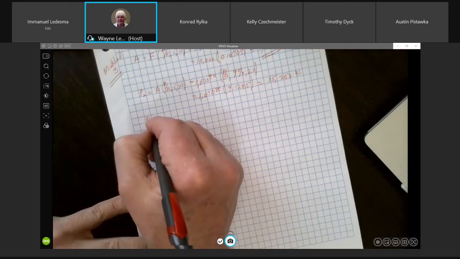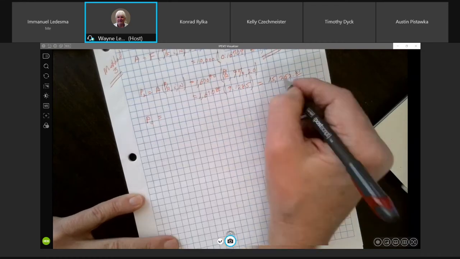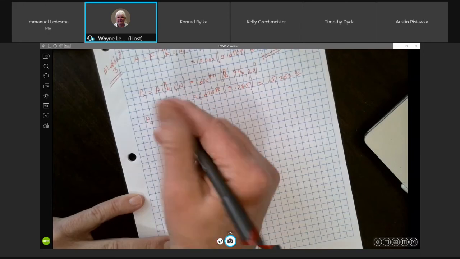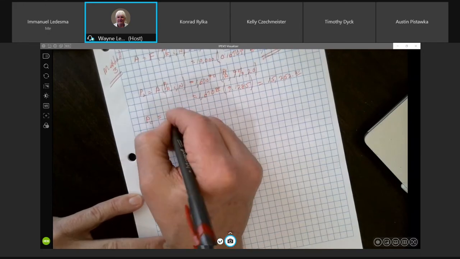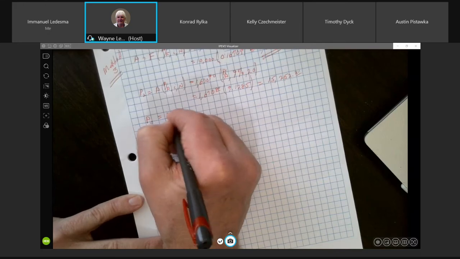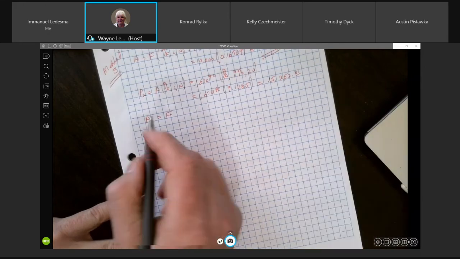So P0 will be a single amount, because it was a present value for year 2. That will become a future value, because we're again terming it as such relative to time 0.